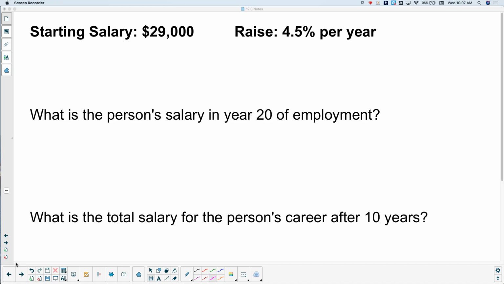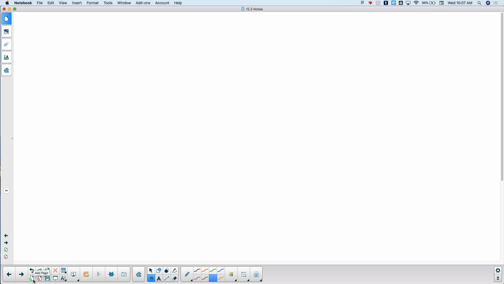So what I was going to say before we even get into this is that if you have an R value, so we're sitting here and we're talking about G sub n equals G sub 1 times R to the n minus 1 power, right?